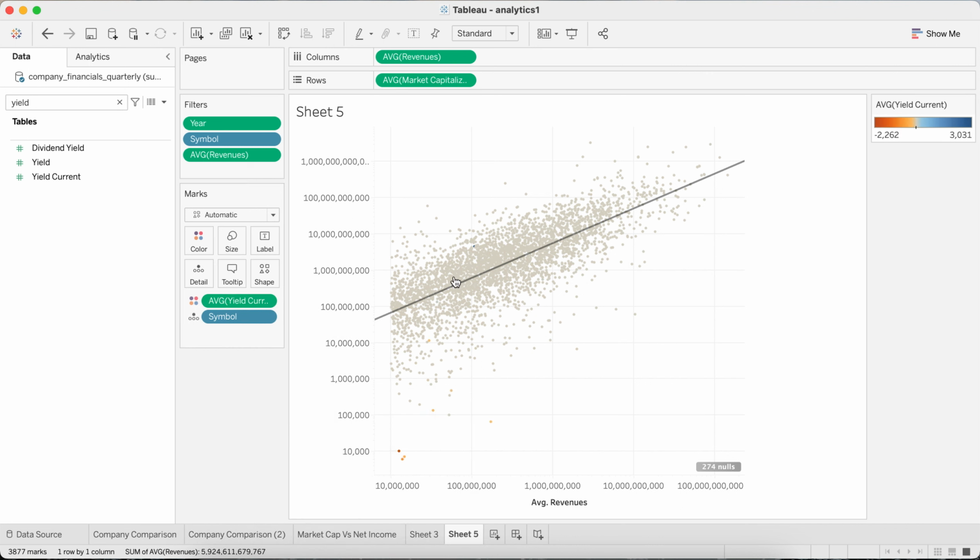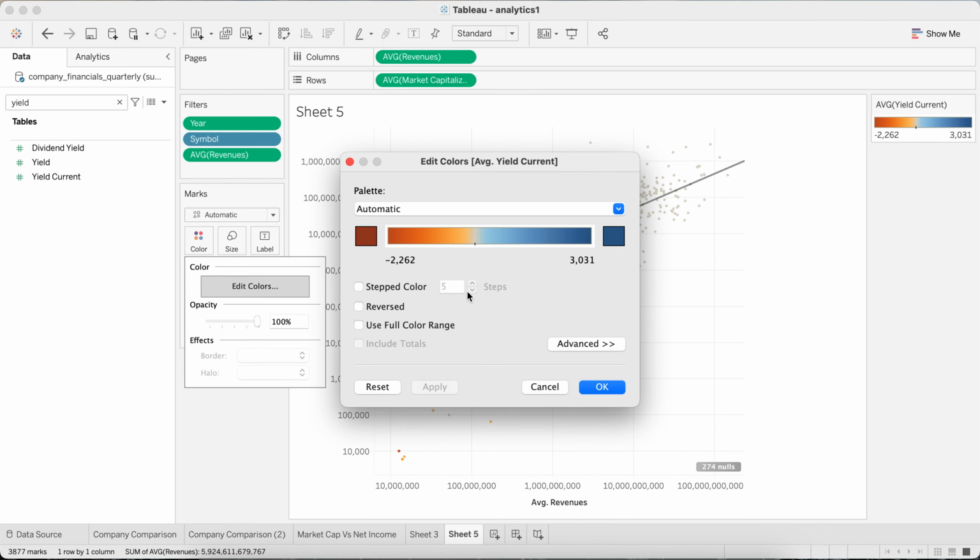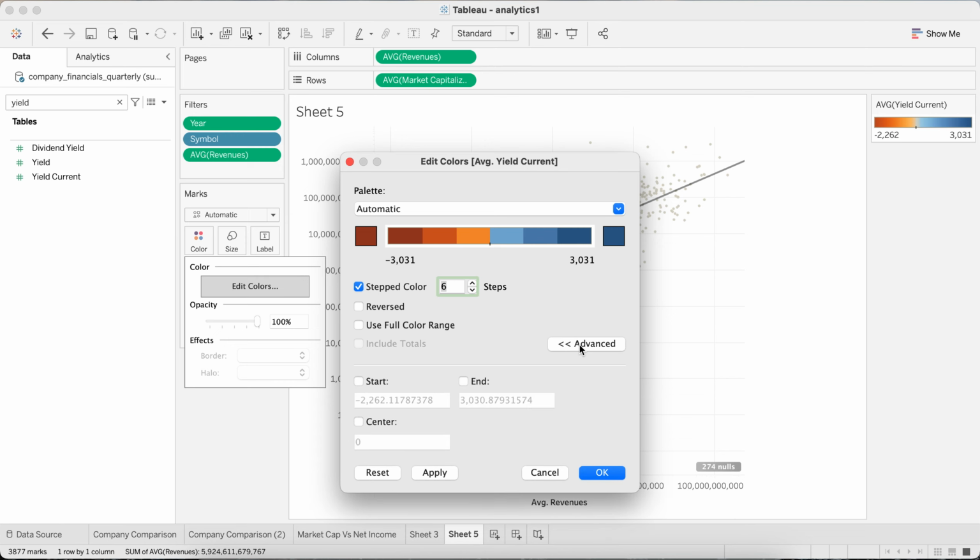So now with yield, we're looking at profitability, and again we have some funny numbers. So I'll go ahead and make it more stepped color, and instead of using the full range, let's center it at 0, but let's start it at, let's say, negative 0.05, and end it at 0.05.